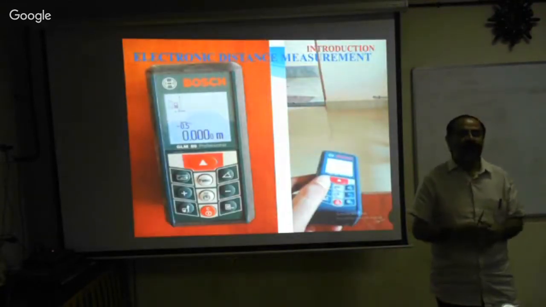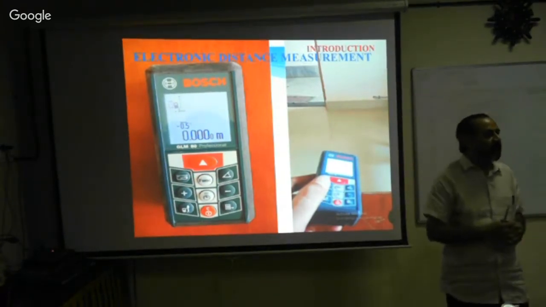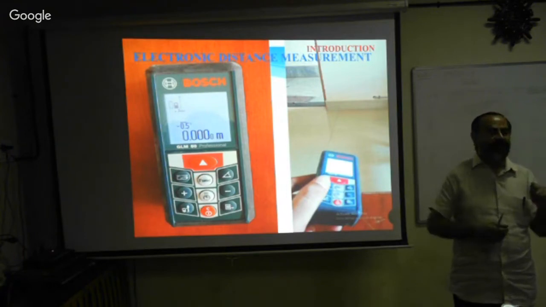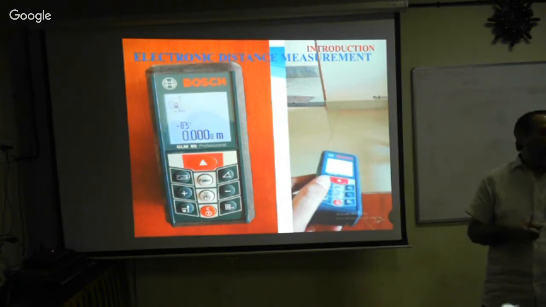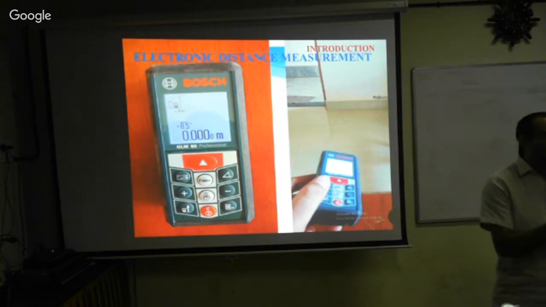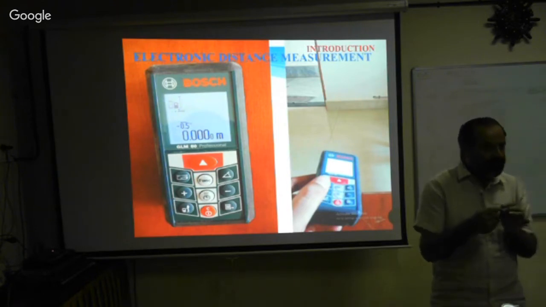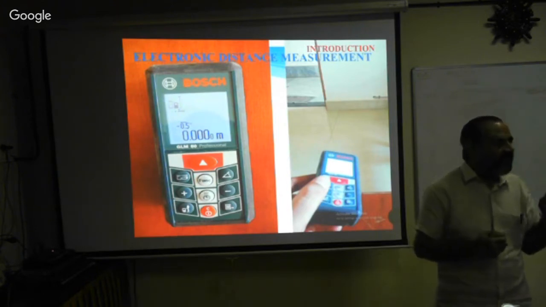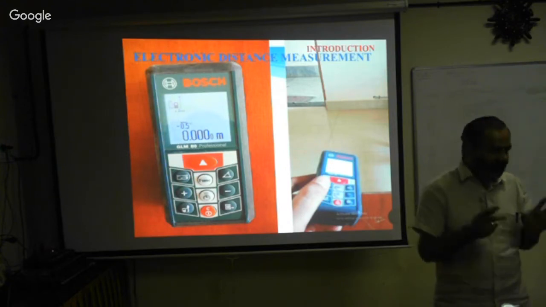What is this? Distance measuring equipment, electronic distance measuring equipment. Right away you just carry it, switch on, then move, wherever you reach, switch on, read, record, finish. A little bit of error may be there, depending upon your movement. For any gadget, any electronic equipment, you must first read the instruction manual.